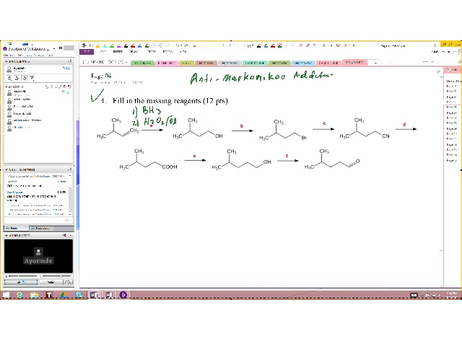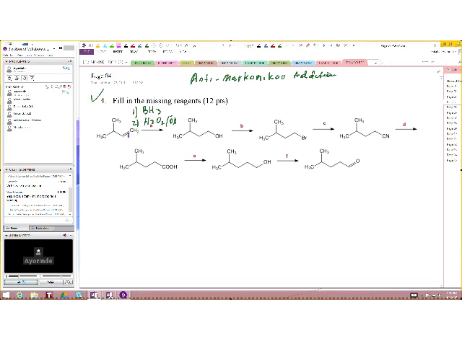By anti-Markovnikov addition of water across the carbon-carbon double bond, we mean that the hydrogen goes to the carbon that contains less hydrogen, and the OH group goes to the carbon that contains more hydrogen. And that is what you have here.